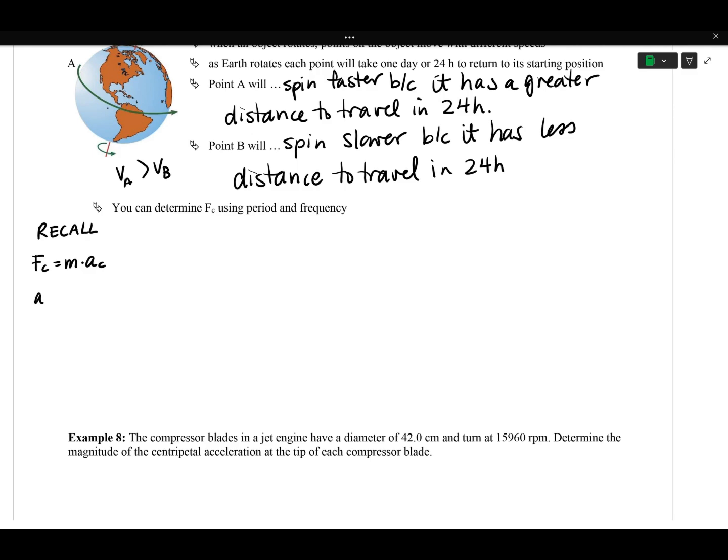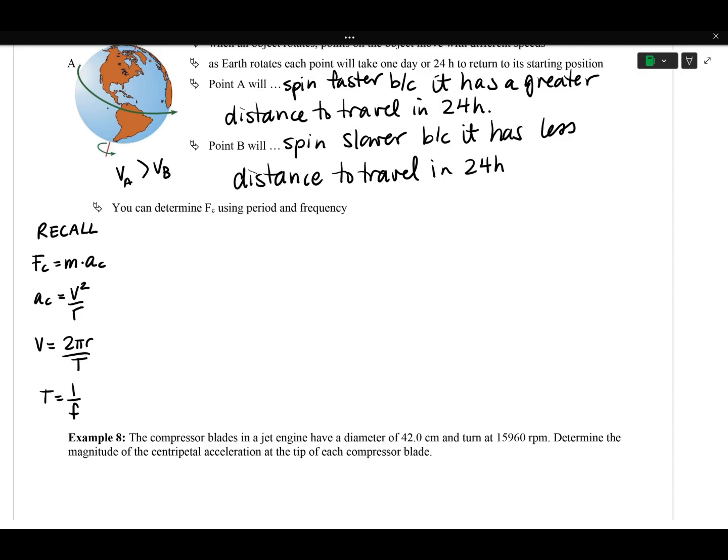So these are some of the formulas we want to remember. Centripetal force is equal to mass times centripetal acceleration. Centripetal acceleration can be speed squared over r. Our circular speed can be 2 pi r over T. And we know the relationship between period and frequency: T equals 1 over f.